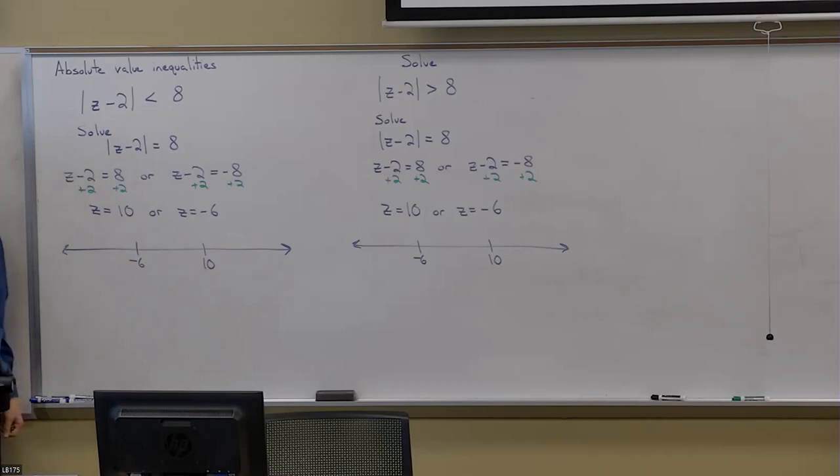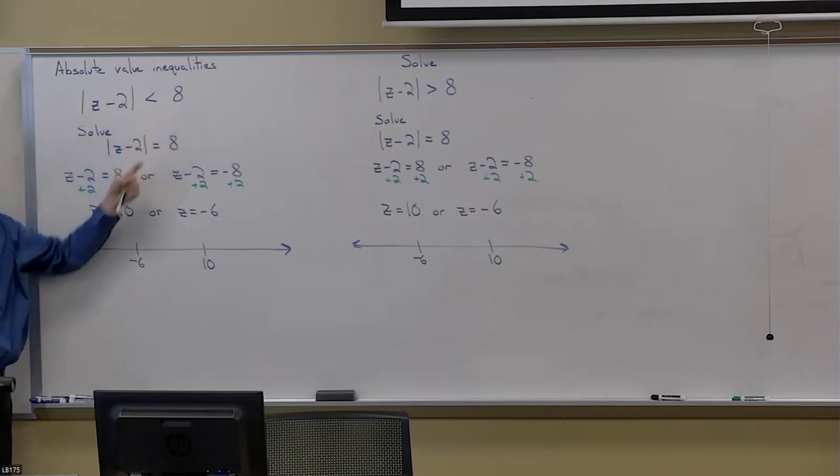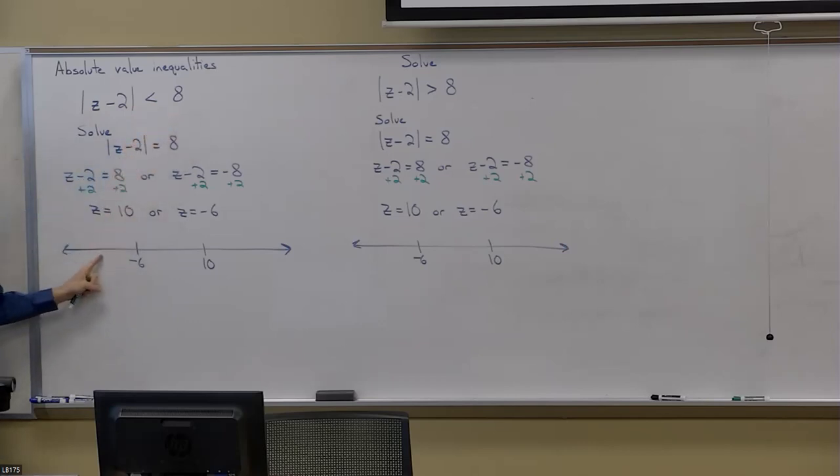So if I just pick out a number, let's pick negative 8 and plug it in here. Negative 8 minus 2 is negative 10. The absolute value of that is positive 10, which is not less than 8, is it? So negative 8 did not work.